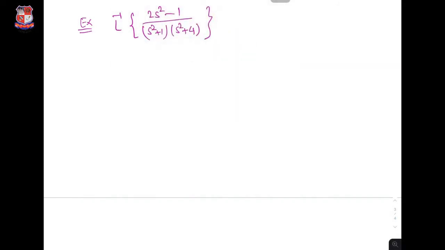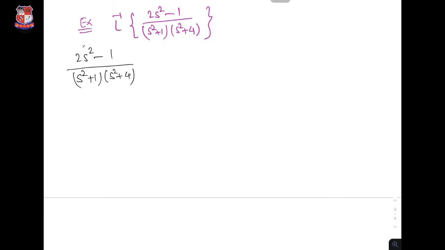So this kind of example was there even in our 12th standard in integration. What we do here is, just for the time being, let us write (2s² − 1) over (s² + 1)(s² + 4).